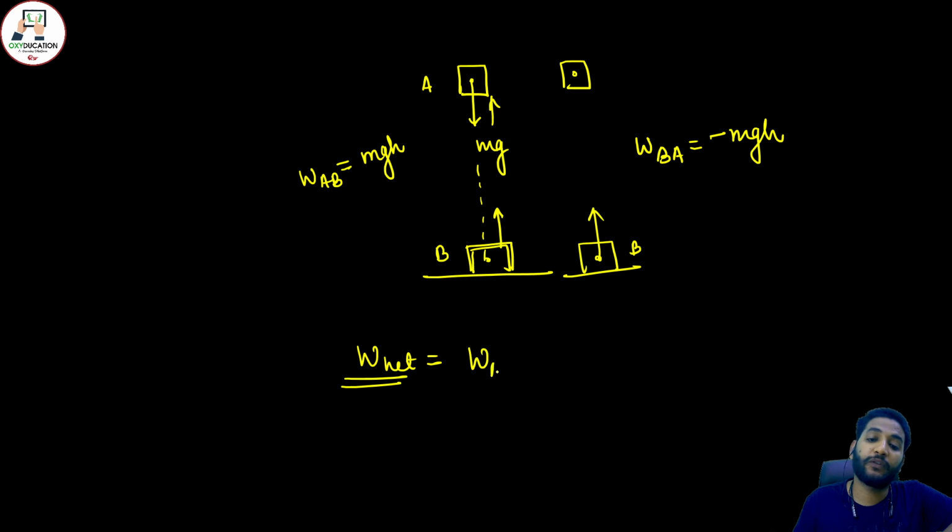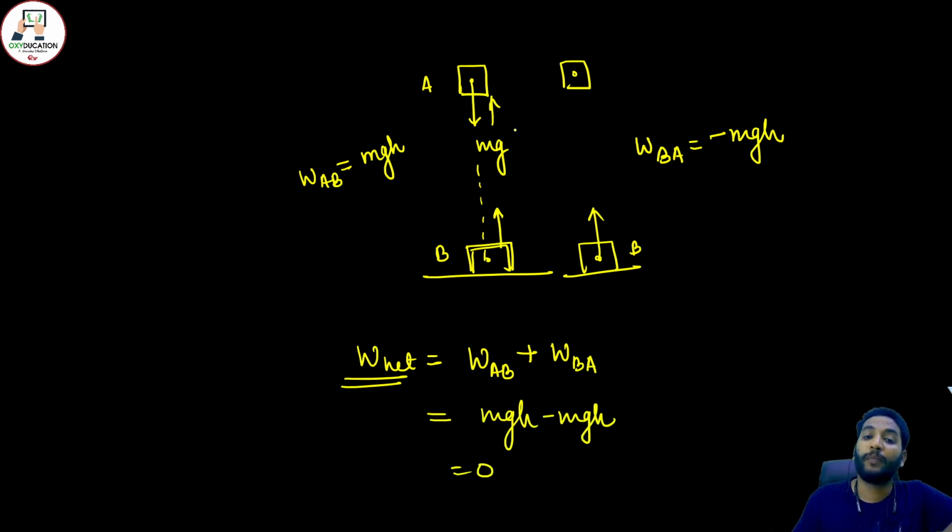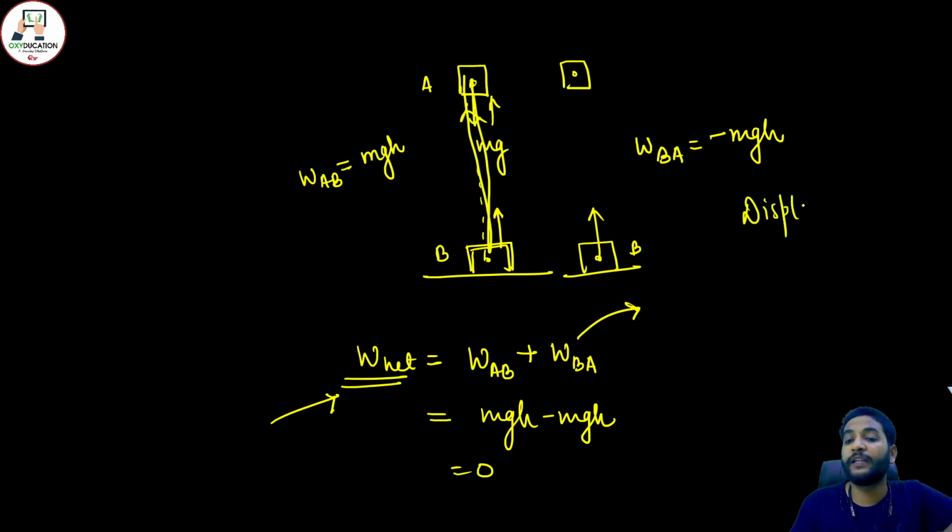So in case of scalar quantity we can say W_AB plus W_BA, दोनों को अगर हम ऐड कर देते तो क्या हो जाएगा, mgh minus mgh, you will get a zero work done. मतलब ऐसा क्यों हुआ? दूसरा अप्रोच आप देख सकते हो, ऑब्जेक्ट यहां से चलना शुरू किया, यहां आया, फिर वापस वहीं पर चला गया, meaning what is the net displacement, the displacement is zero, hence we can say work done is zero.